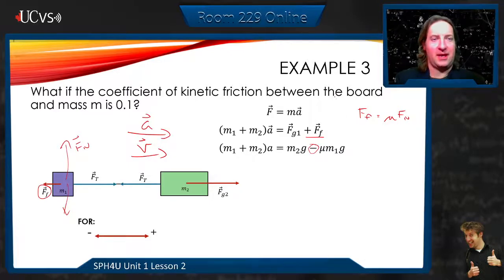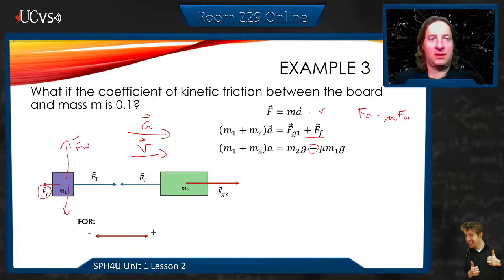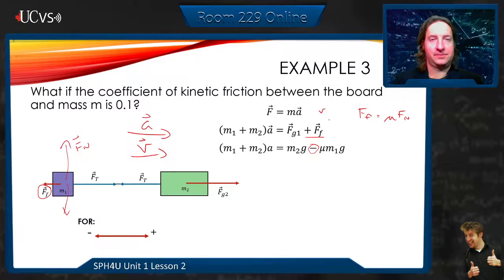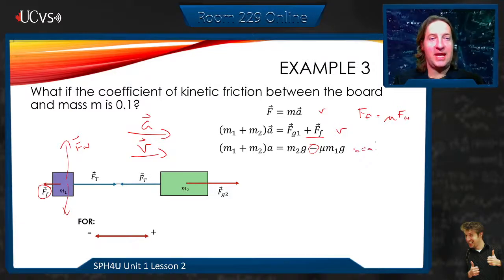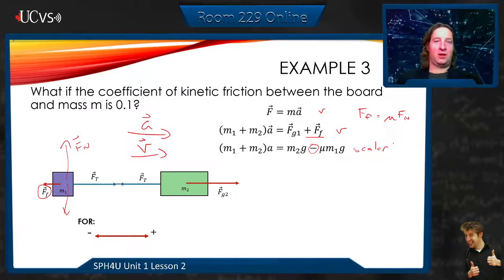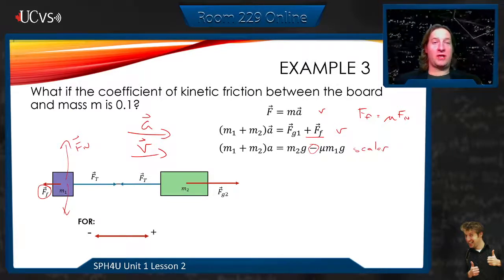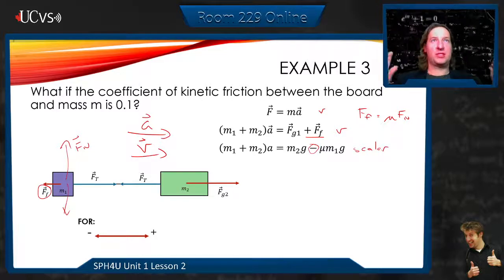I always first write force is equal to mass times acceleration, Newton's second law, as a vector equation. Then I write down the vectors that make it up. And then I switch to a scalar equation, since it's all in one direction, it's a one-dimensional system, right?